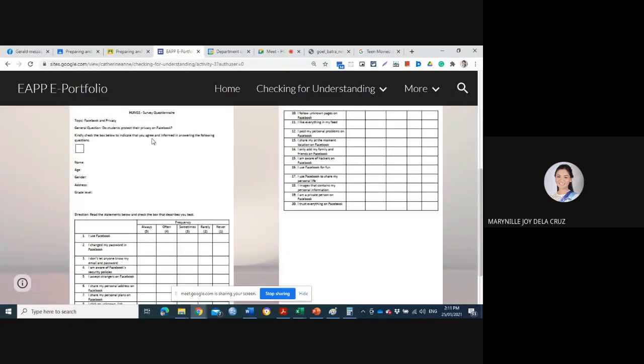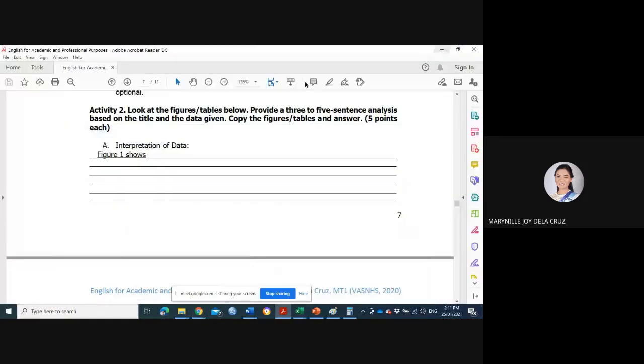Do students protect their privacy on Facebook? That is the general question.